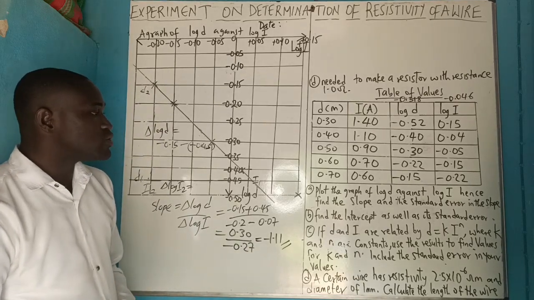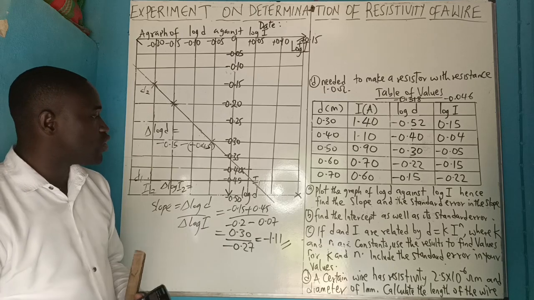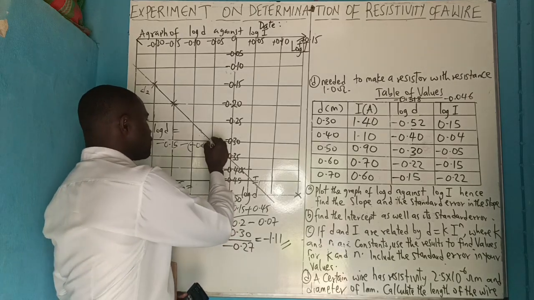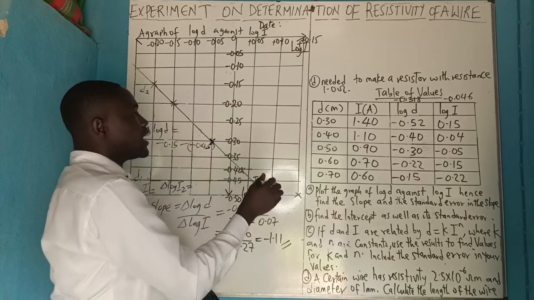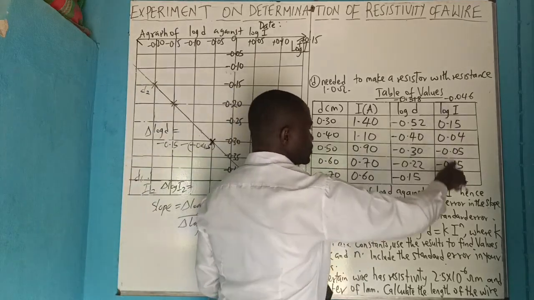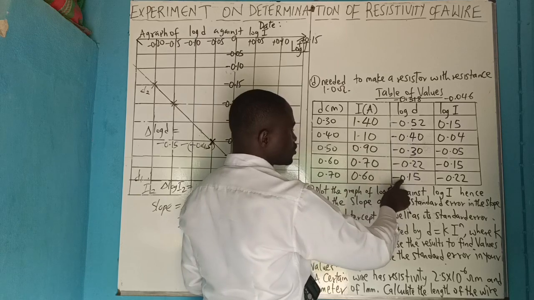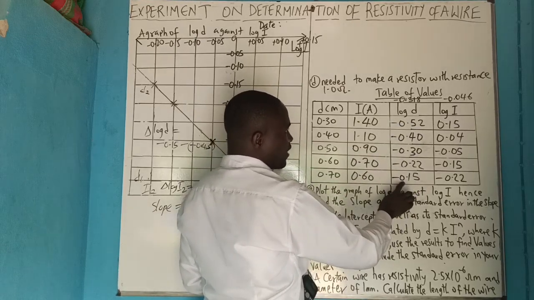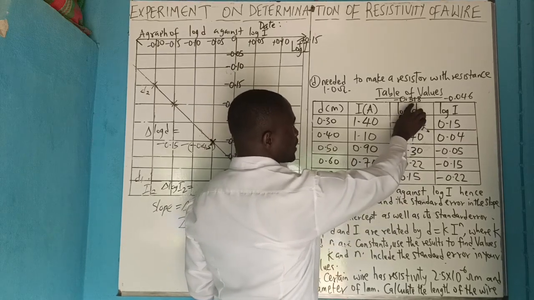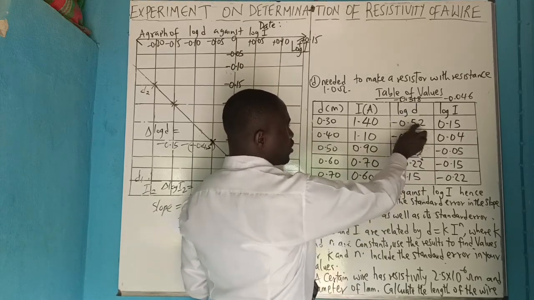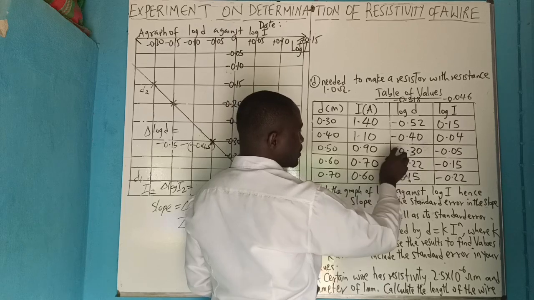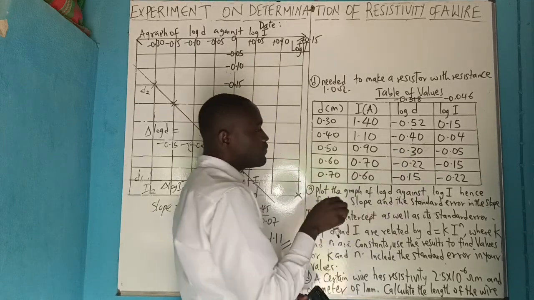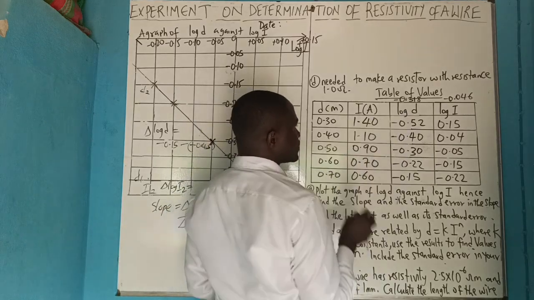They said we should get the standard error in the slope. To get the standard error in the slope, there is need for you to get the centroid of each of these data. Add up this, divide it by 5. You'll be getting minus 0.318. That is minus this, minus this, minus this, minus this, minus this, divided by 5 to give you this.